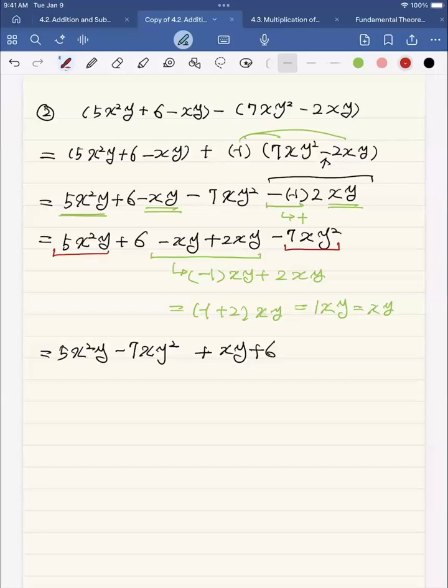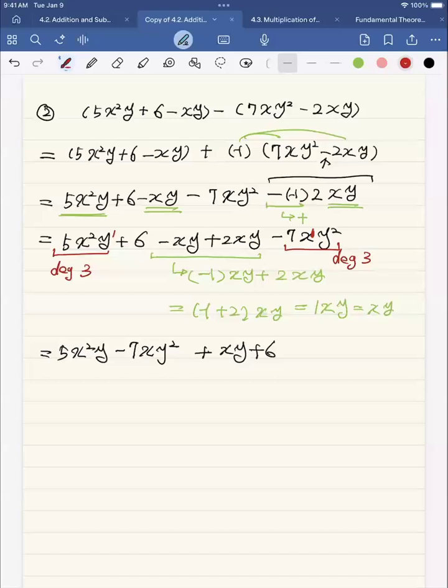The first term has degree 3 because this one is x squared and this is y to the power of 1, and this is x to the power of 1 and y squared. So this one is also degree 3. So we want to write this one in the second and this one in the first. It doesn't matter whether you flip the position.